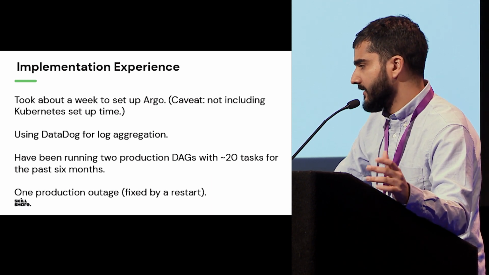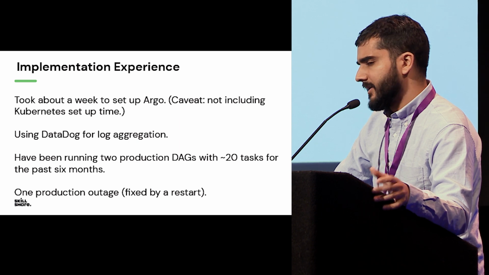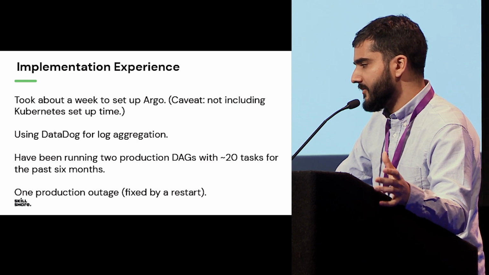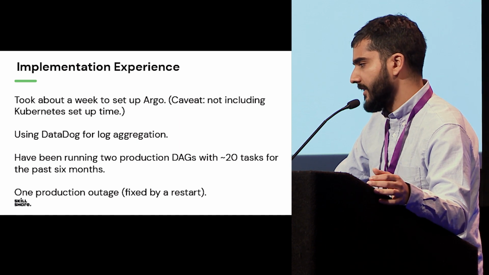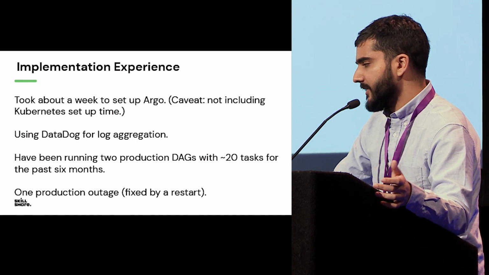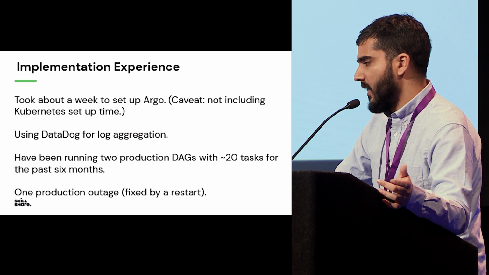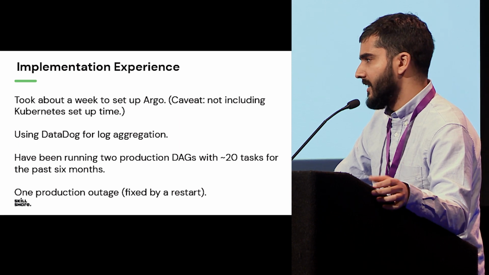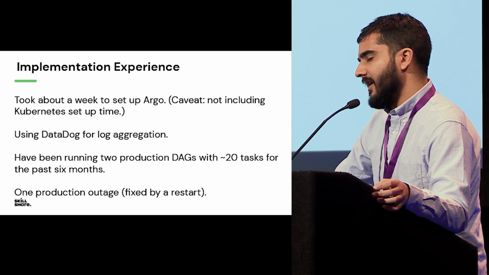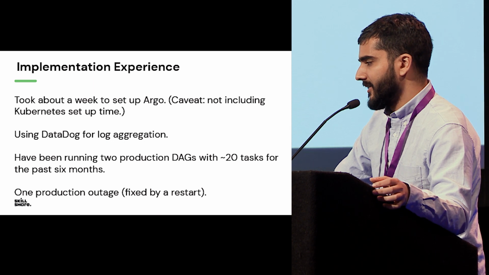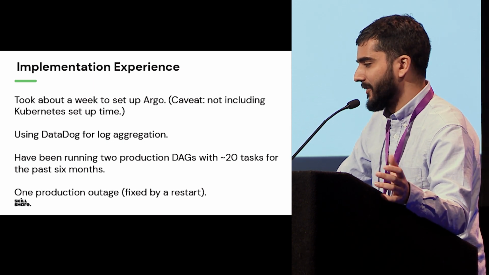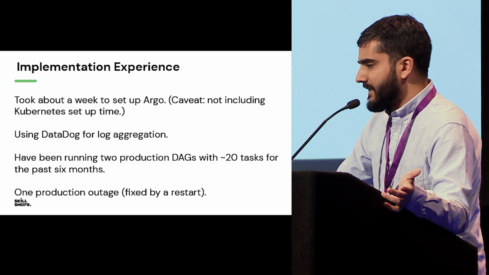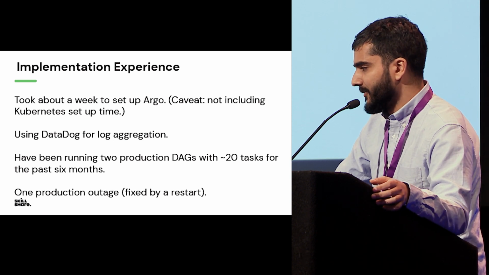We've been running 2 production DAGs with around 20 tasks, so definitely not a huge volume, but these run every hour, and for the past 6 months we had 1 production outage where one of our underlying nodes failed and a workflow hung, which in theory Kubernetes should be able to handle and self-heal from, but it didn't in this case. That was fixed by a pretty simple restart.